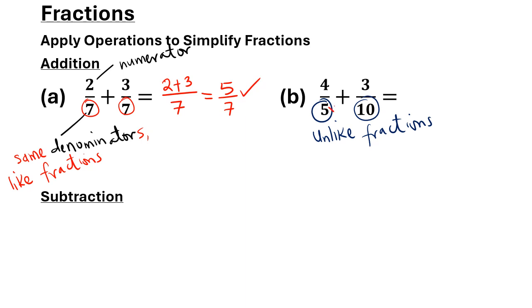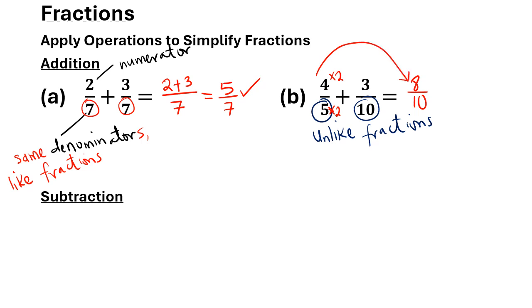So 5 times 2 gives me 10. Then I go to the numerator and do the same thing to keep the fraction the same, and that's what you call equivalent fractions. So instead of 4 over 5, I'm going to write it as 8 over 10. You see, 4 over 5 is equivalent to 8 over 10.